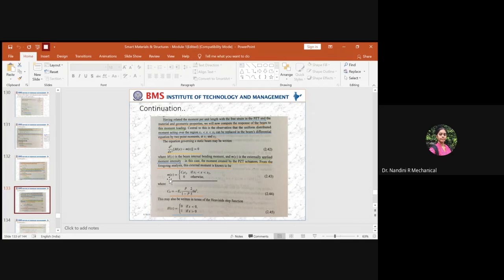So the bending moment mainly depends upon its capacitance value and the free strain value. You get this value properly if the x through which you are measuring the bending moment internally lies between two ranges: one is less than x2 and the other is greater than x1.